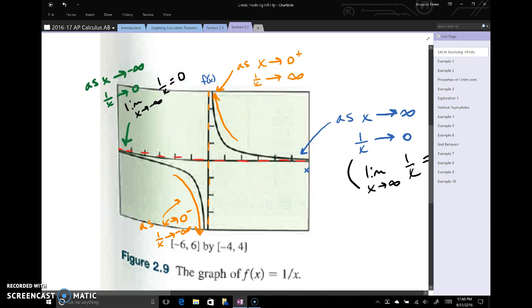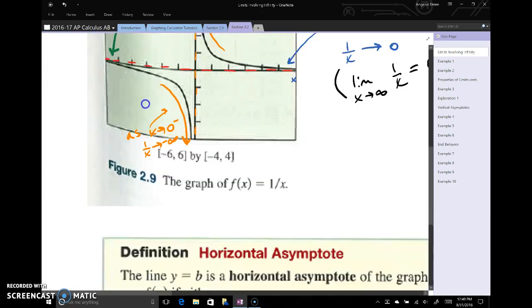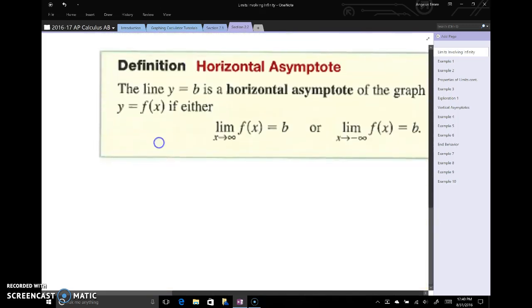And we could actually put that all together if we've got a limit approaching positive and negative infinity, and the limits are the same. We could put those two together and write it like this.